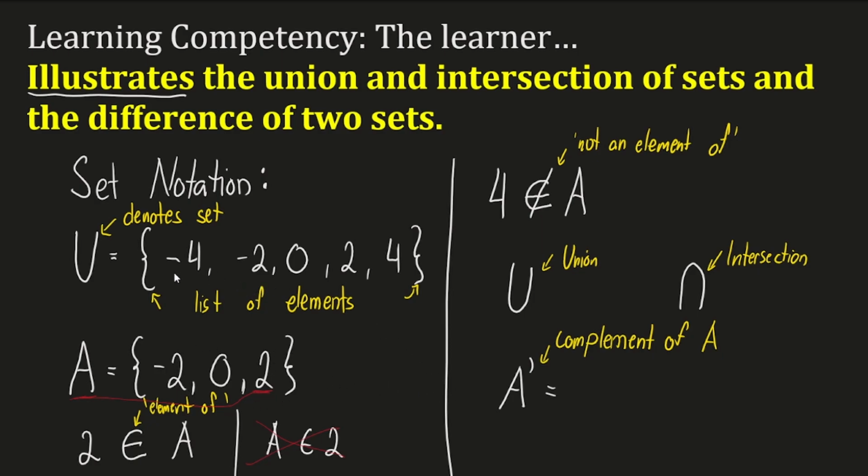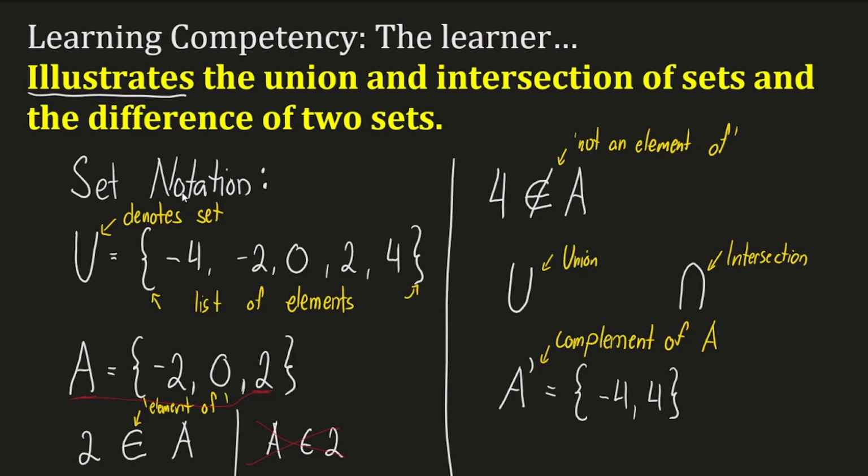What is our everything? It is our universal set, but we should remove things that are inside of set A. So the only thing that we're going to list off here are -4 and +4 because we have removed -2, 0, and 2. So it's just saying what are those not in A.